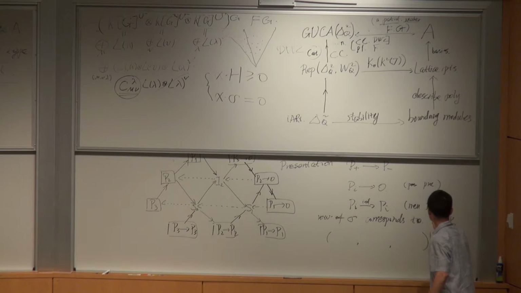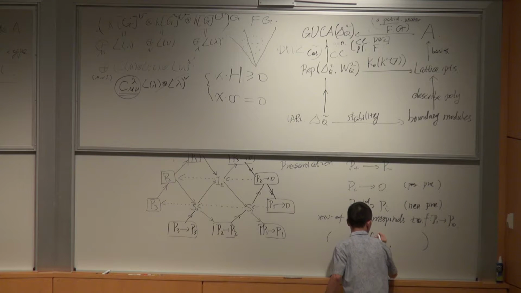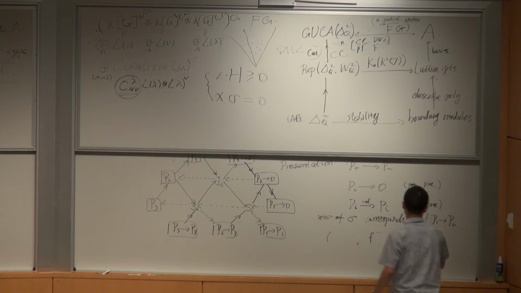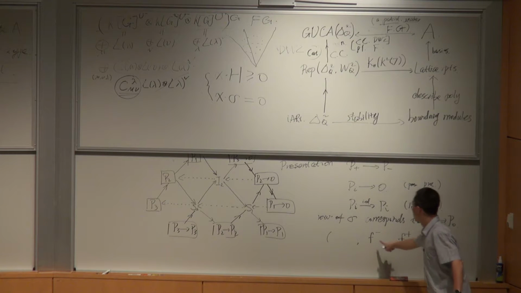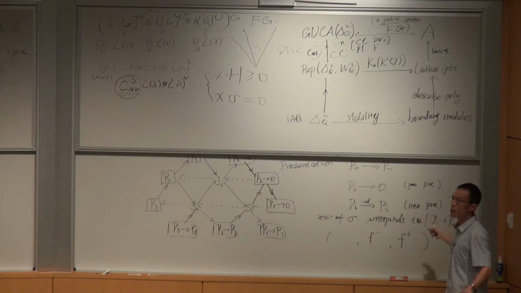So let's say this presentation, I use F. Okay? So I put here going to be the F minus. I'm going to explain what F minus and F plus are. So F minus is the multiplicity of this P1 in terms of indecomposables.